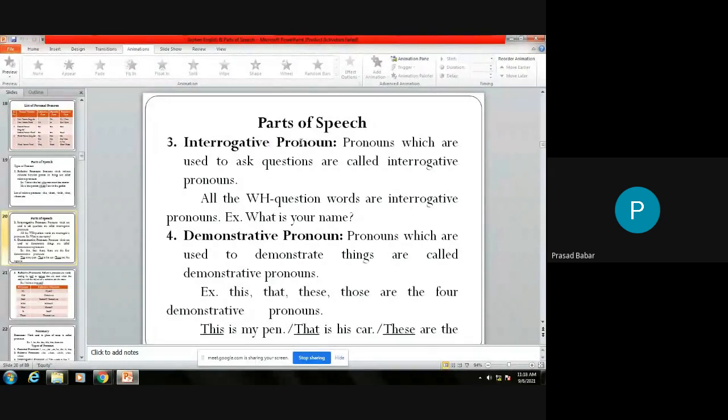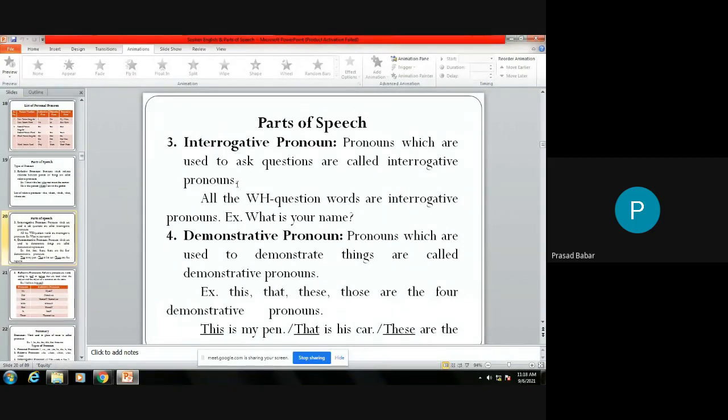When any sentence starts with a WH type of word, then that WH word is called an interrogative pronoun. And when it is used to show relation, or when it connects or shows the relation of two people or two things or two incidents, then it is called a relative pronoun. Okay, so this is about the interrogative pronoun.